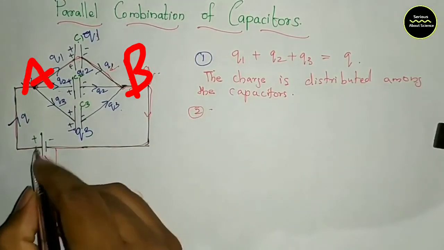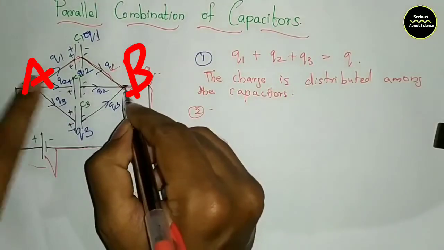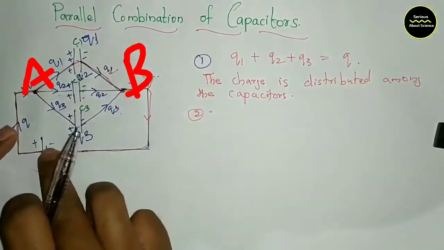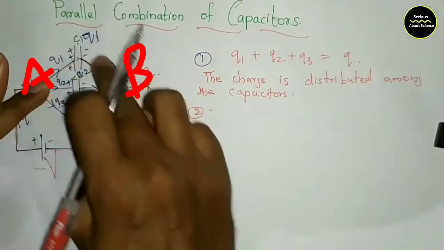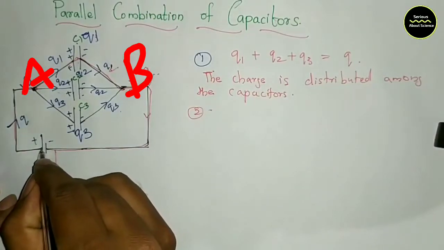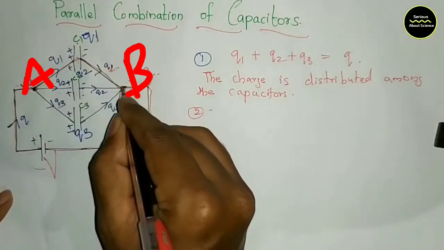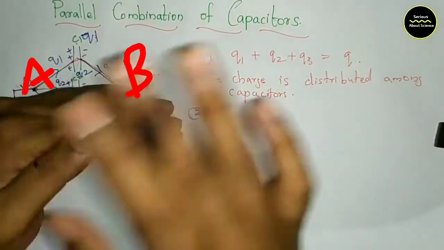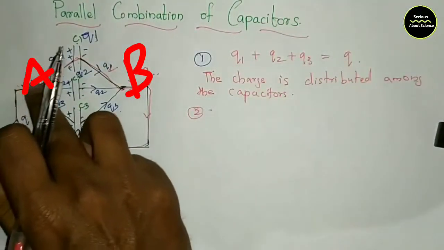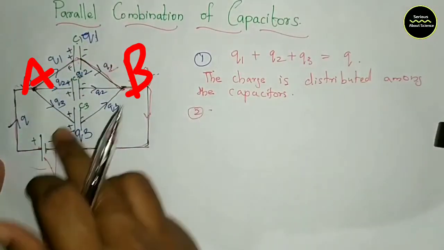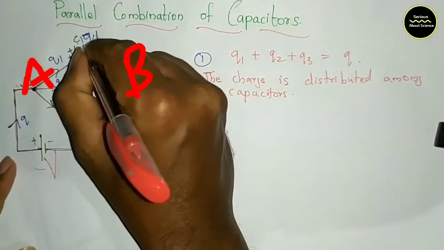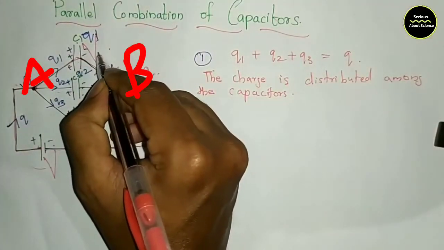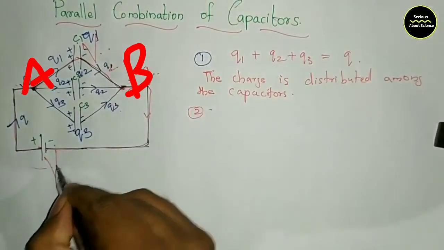But the second feature is like this. In series combination, when we were studying last day, apart from the charge, the potential difference was a varying term. There I wrote V1 plus V2 plus V3 was given by the total potential V. But here, the charge is a varying term, while through all the capacitors the electric potential difference between the 2 points will remain the same.